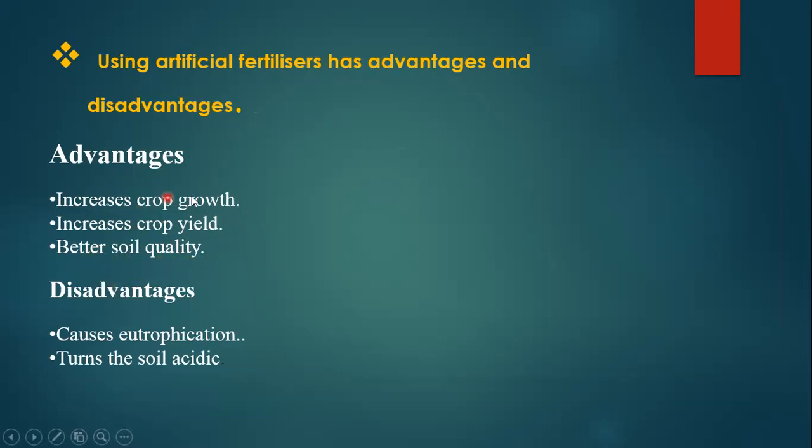But along with the advantages, there are some disadvantages of using artificial fertilizers. One disadvantage is that it causes eutrophication. And what is eutrophication? We will discuss this process in detail in the next slide. The other disadvantage of using artificial fertilizer is that it turns the soil acidic.